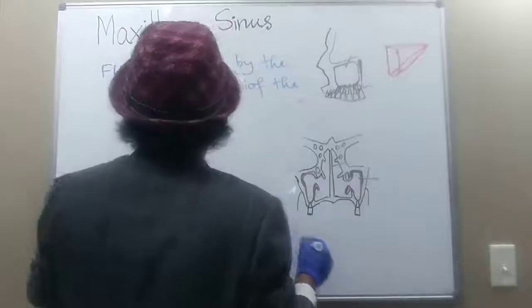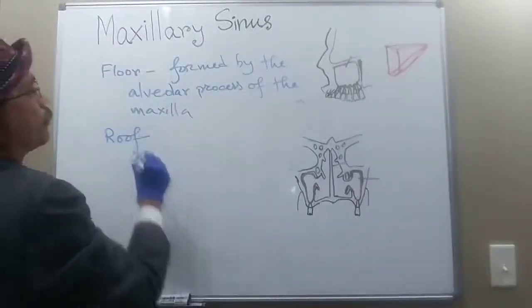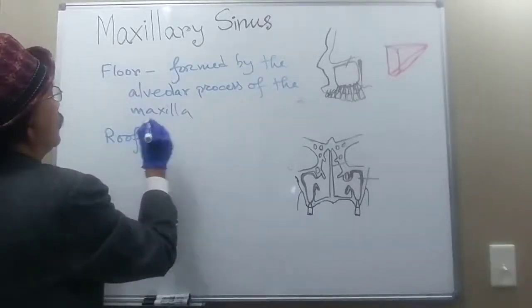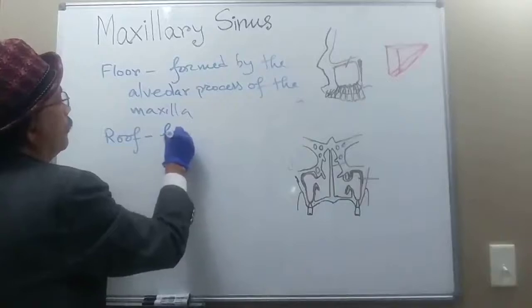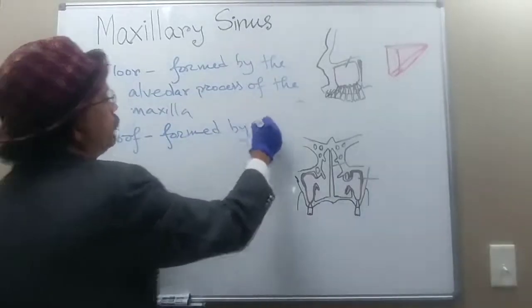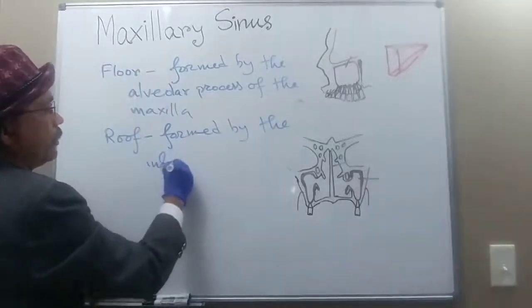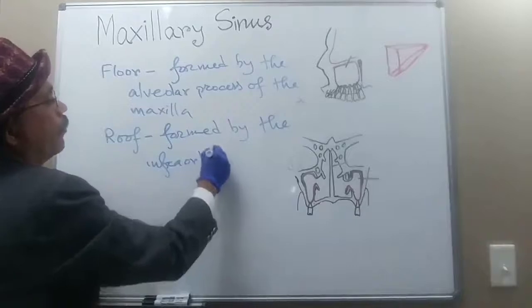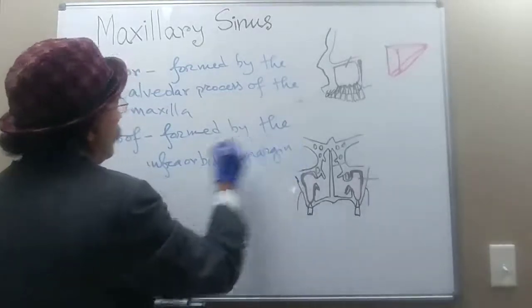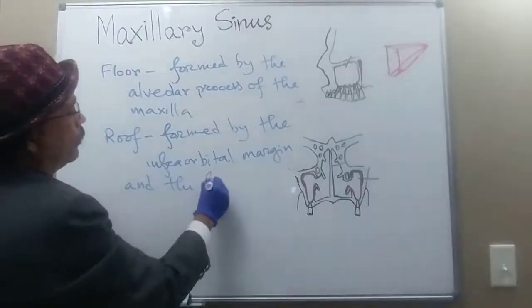Now we'll go to the roof. Roof is formed by the floor of the orbit, that is formed by the infraorbital margin and the floor of the orbit.